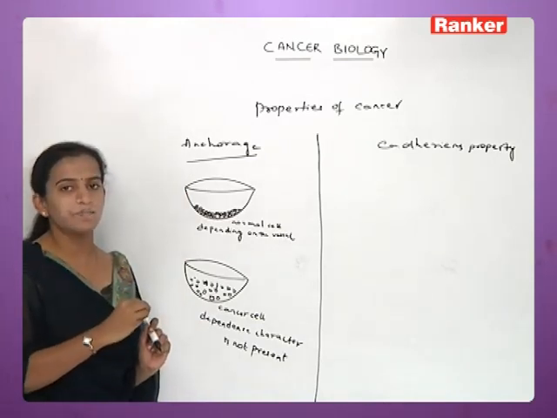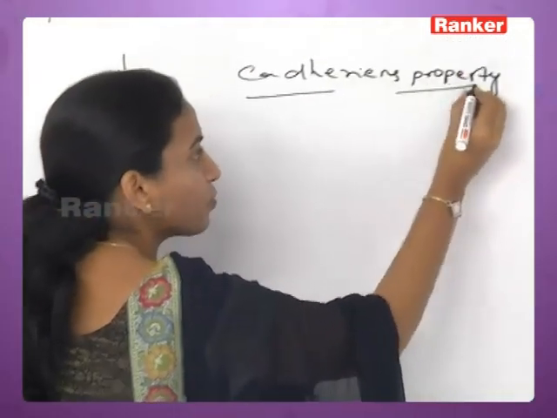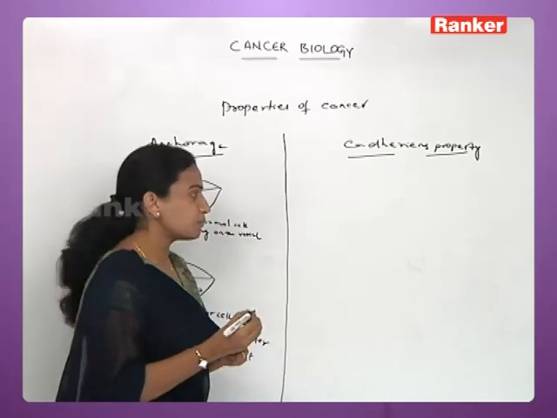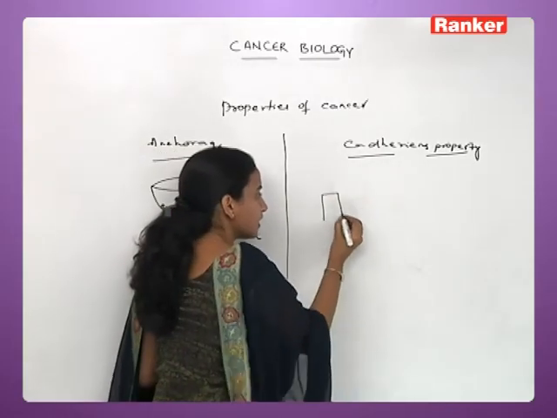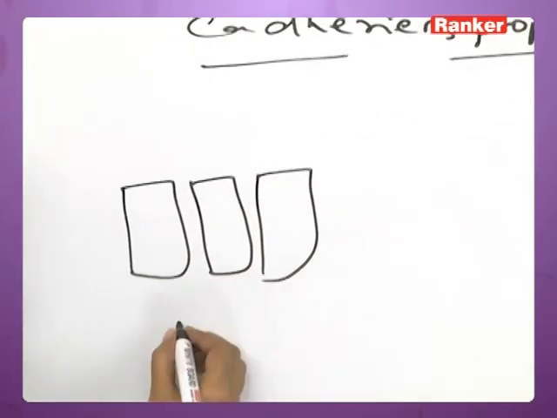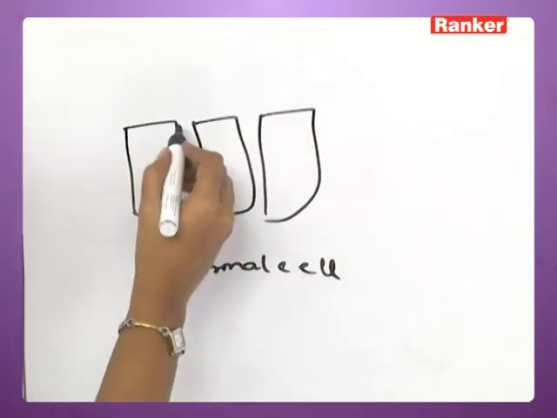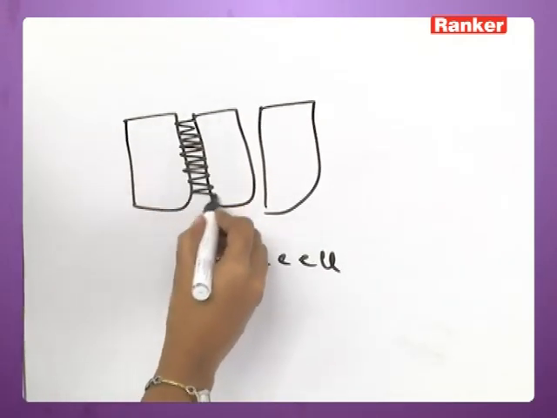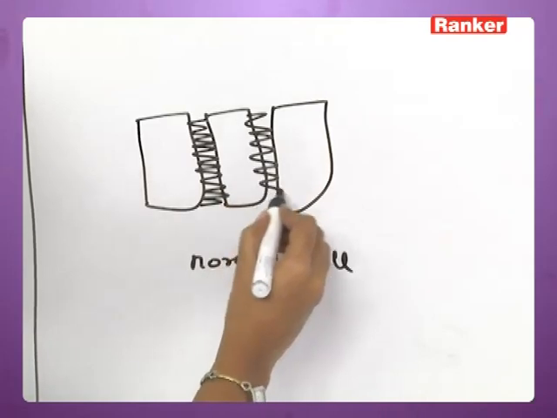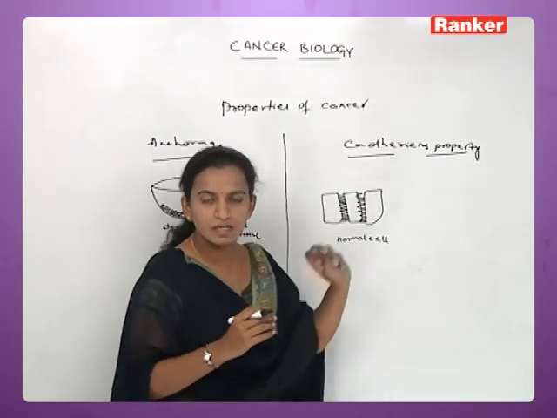The next property is called cadherency property. That means between each cell there is a holding capacity. These are normal cells. In the normal cell there is a compound, calcium, present here, and it is holding the cells together, which is called cadherency property.